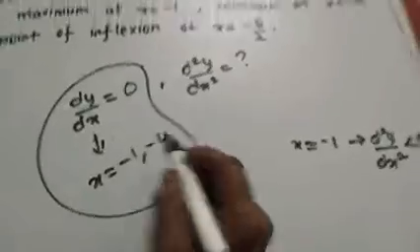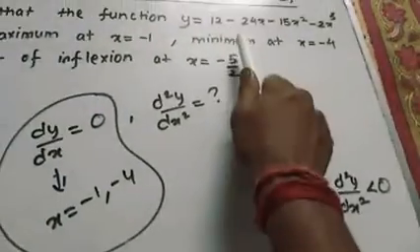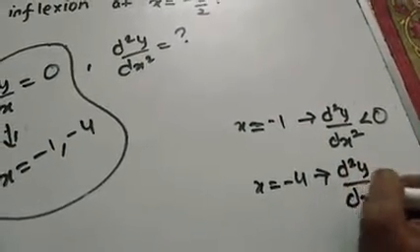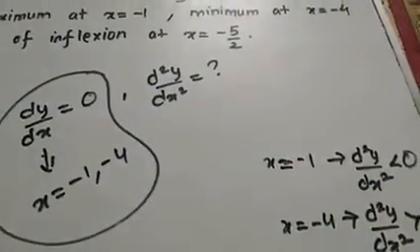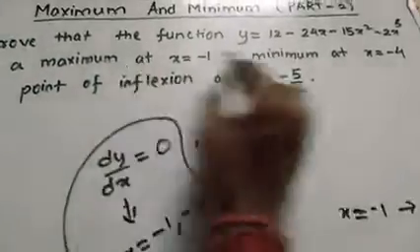Similarly you will put x = -4, and the question demands a minimum, so the second order derivative should be positive. So this is all for the first part and second part.